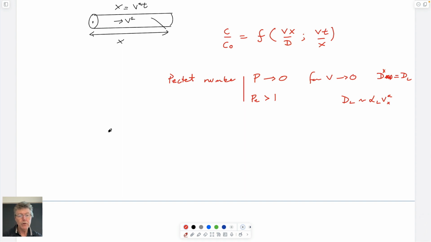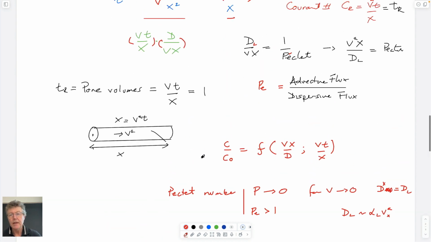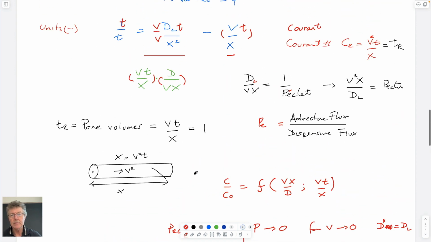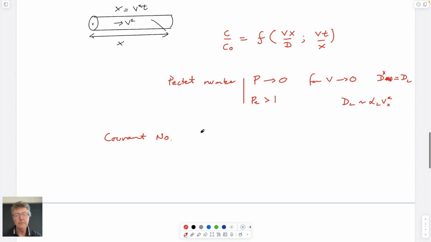And for the Courant number, if we think about it, it's velocity times time over x.